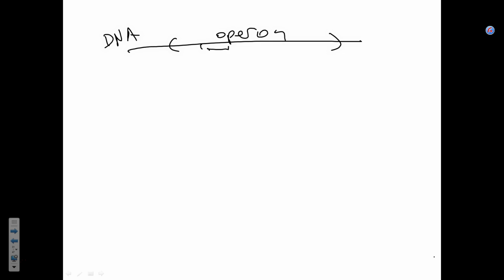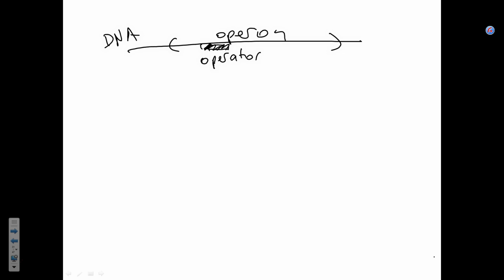So if this is DNA, okay, and this is operon, it can be controlled via this operator sequence, just as we discussed. Is that clear?